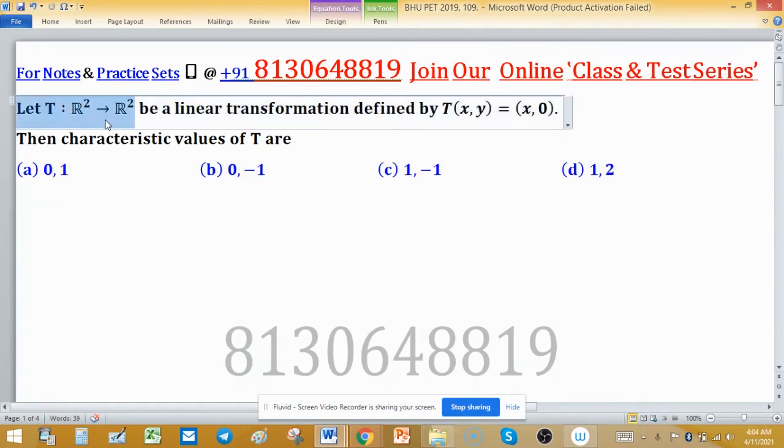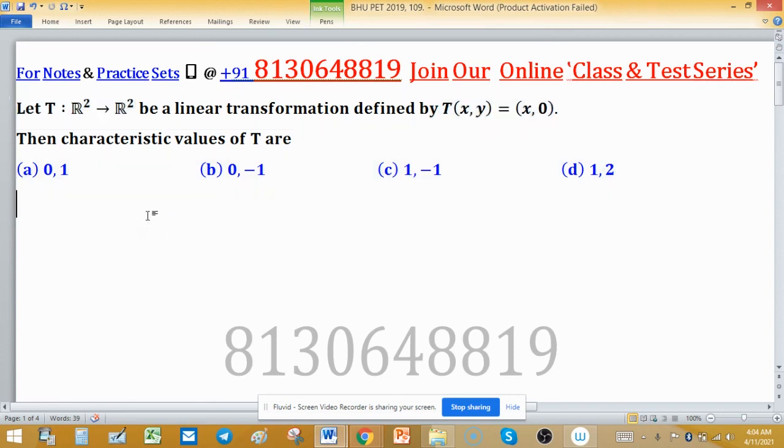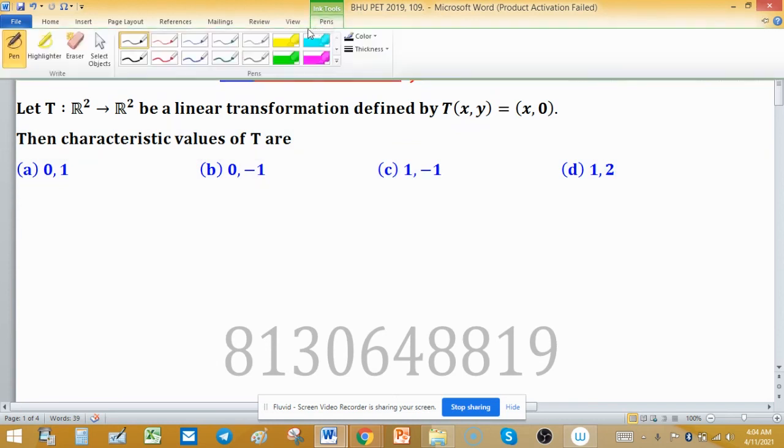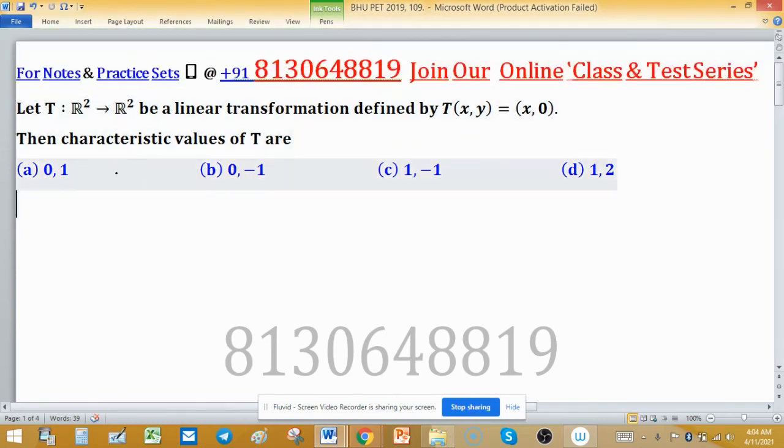Let T be a linear transformation from R square to R square, and T is defined by T of (x, y) is (x, 0). Then the characteristic values of T are? First, we find the matrix representation of T, where T of (x, y) is given as (x, 0).